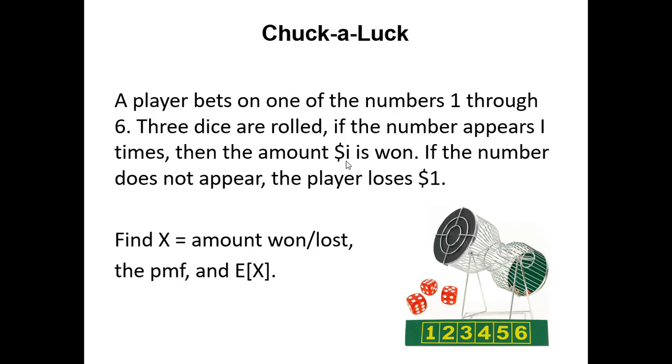So if the number that the player chooses appears once, then $1 is won. If the number that the person chooses appears twice, $2 is won. If it appears three times, $3 is won. If the number does not appear at all, then the player loses $1.